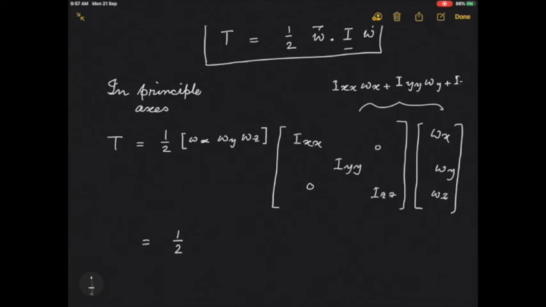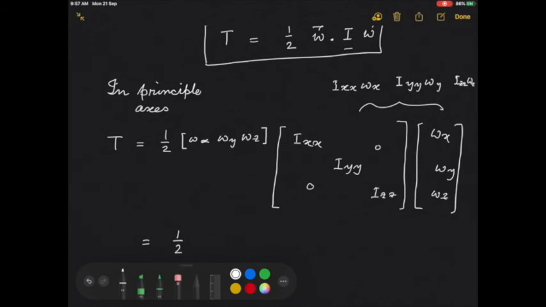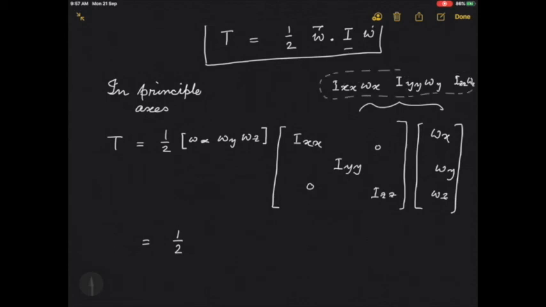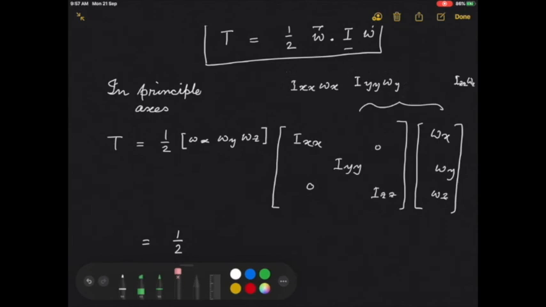This part was Ixx ωx plus Iyy ωy plus Izz ωz. So this becomes, it's not plus, this is this.